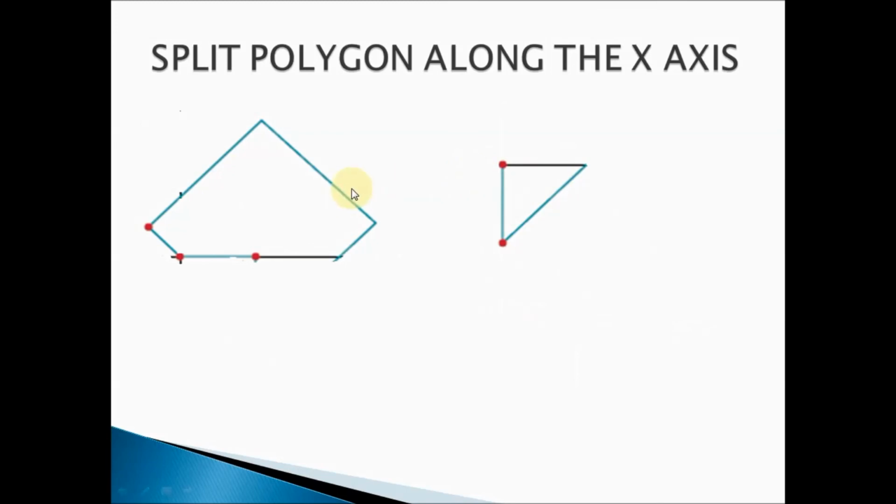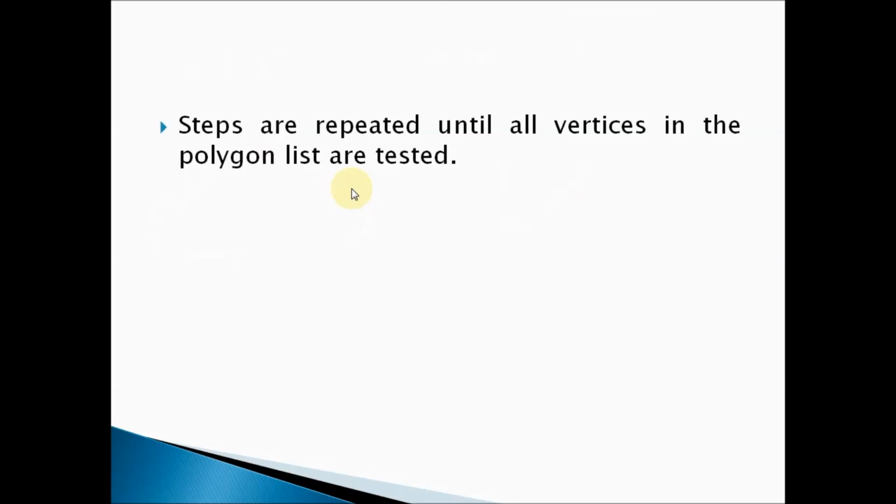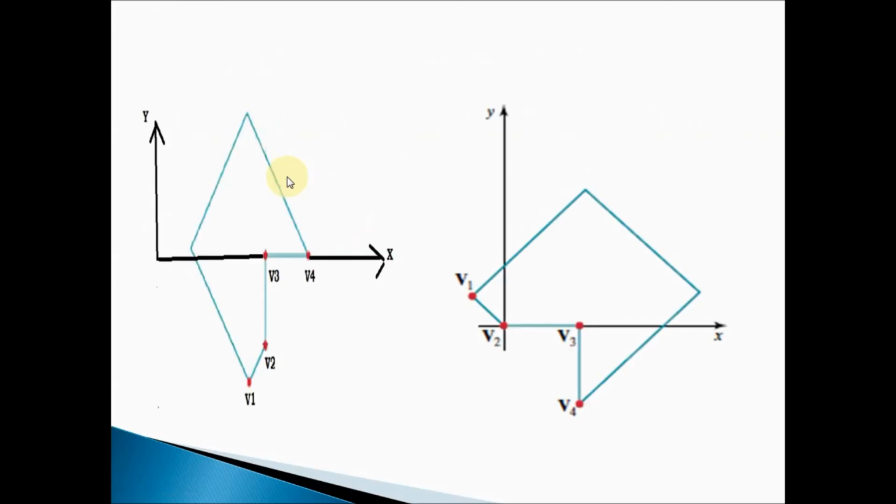How many edges did I rotate here? 2 edges. v1 v2 I rotated from downwards to upwards, v3 v4 from upwards to downwards, right? And one more important thing you have to remember here: these steps are repeated until all the vertices in the polygon list are tested. Now in our example there were 4 vertices and we tested all the vertices, right?